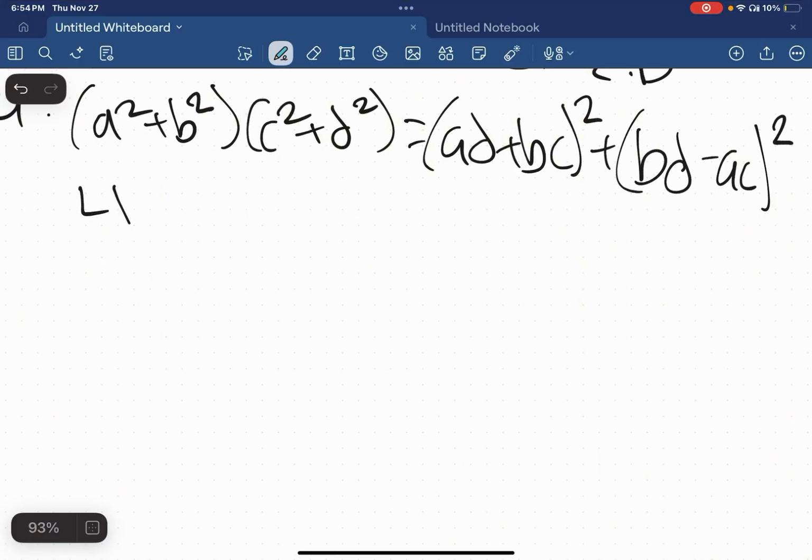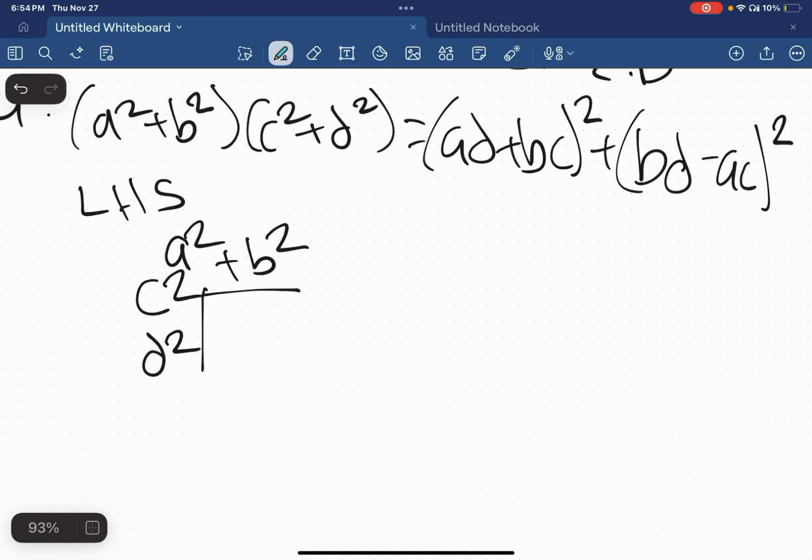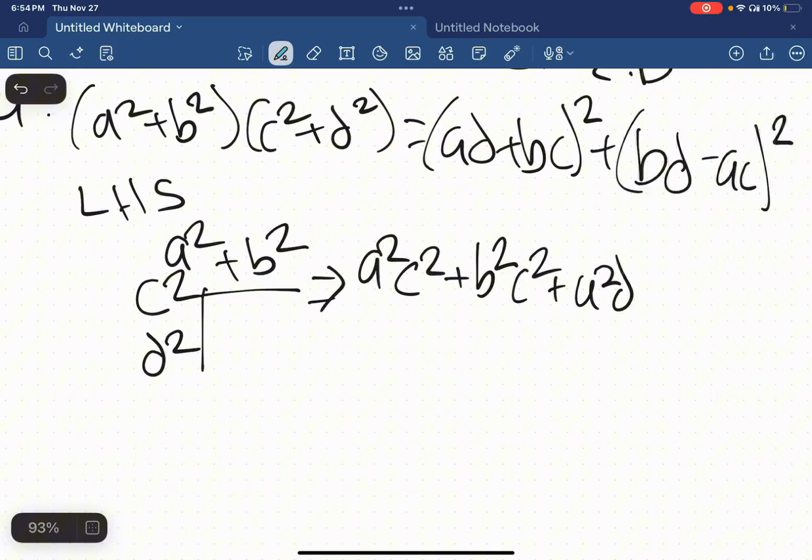So I'm going to start with the left hand side. We can create our little box right here to solve all this. A squared c squared plus b squared c squared plus a squared b squared.